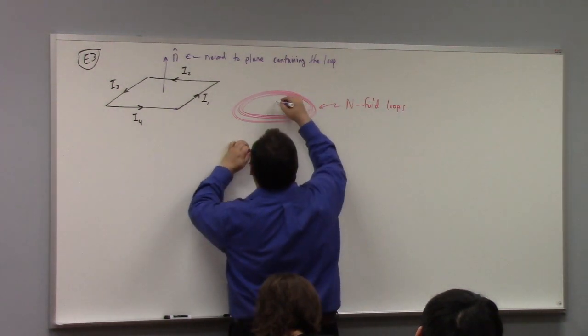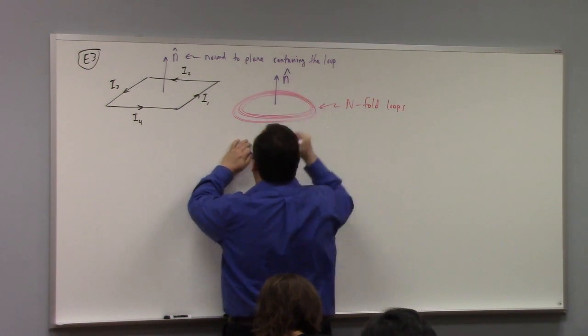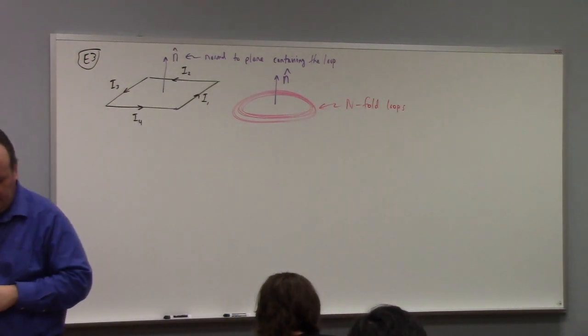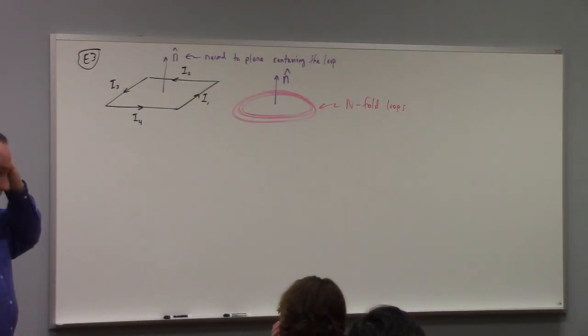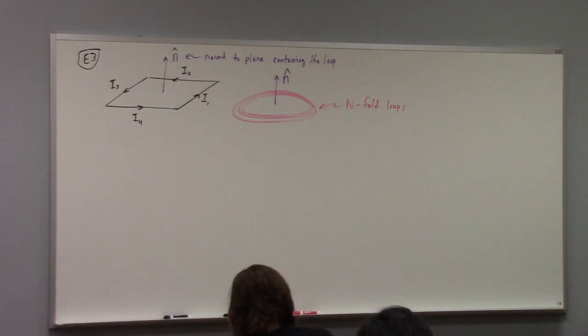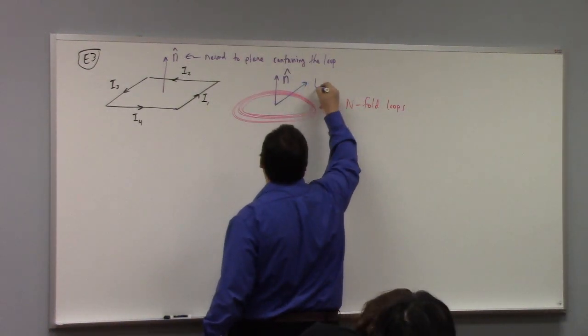It might be better to actually think about it like that. All right. And in this situation, if there's a magnetic field applied, and you got this loop of current, and you apply a magnetic field, it doesn't have to be any kind of nice way. It could be like this, perhaps.